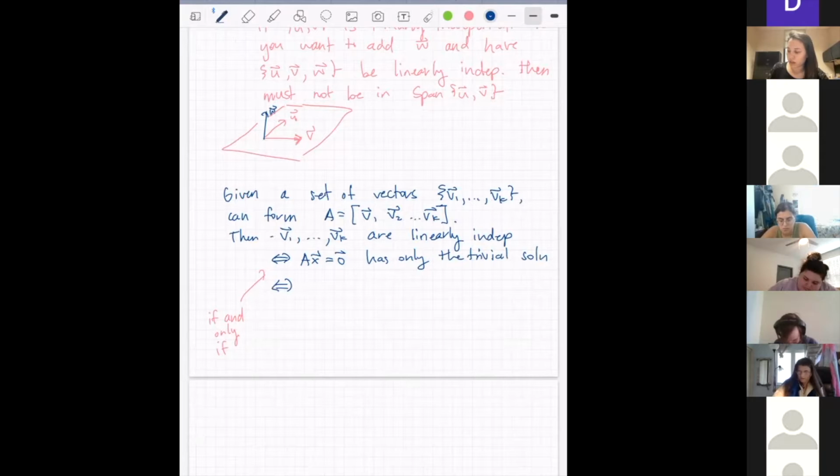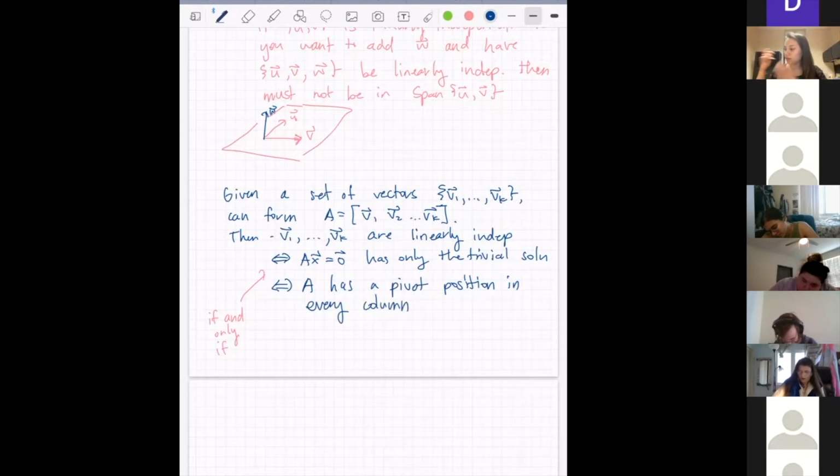So this statement, this one, and the one I'm about to write, which is that A has a pivot position in every column, which means that we take A, we row reduce it, and then we check that there's a pivot in every column.